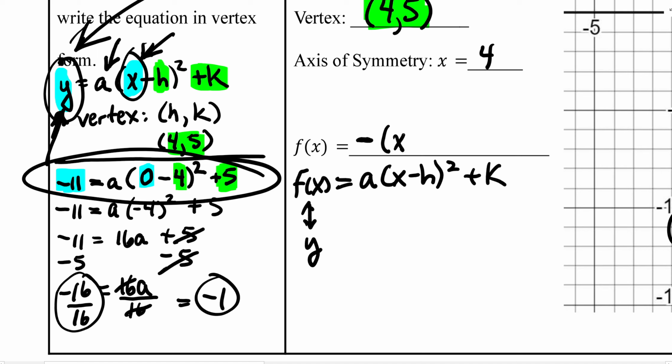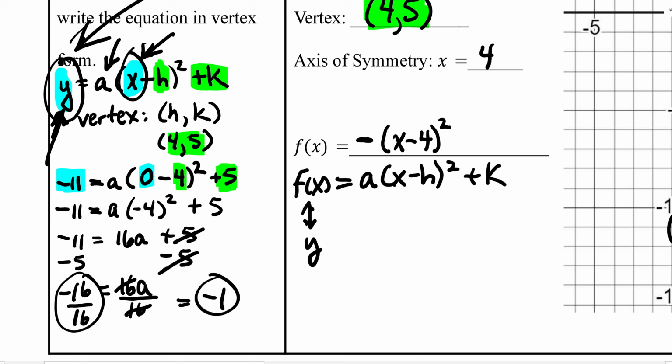And then I've got x again minus 4 squared. See, that's the 4 from the h in its place here. And then plus k, which would just be plus 5.